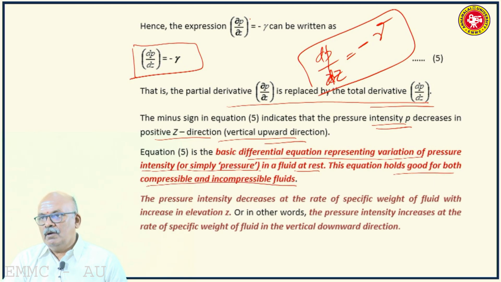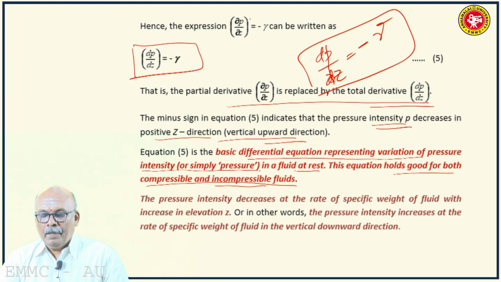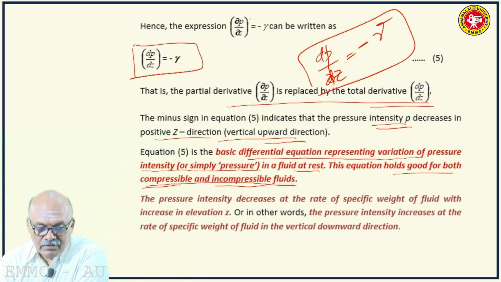So this is applicable for a liquid or a gas. Liquids are generally incompressible, because we have discussed that most of the engineering problems we come across in real time are incompressible, whereas gases are highly compressible. And this equation holds good for both sets of fluids.